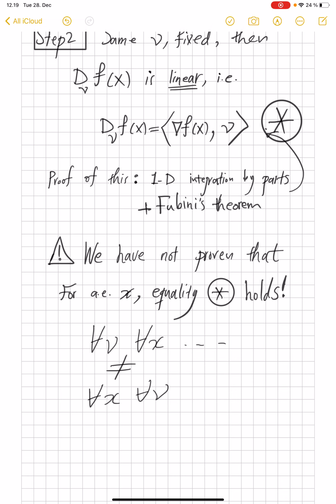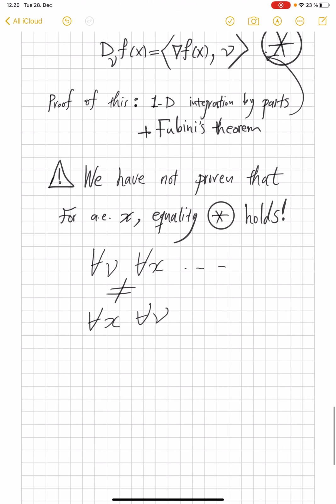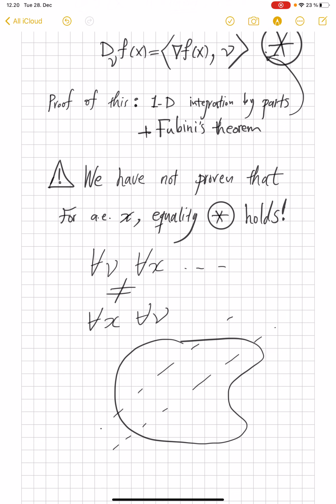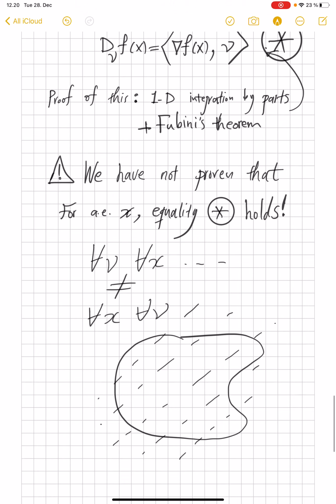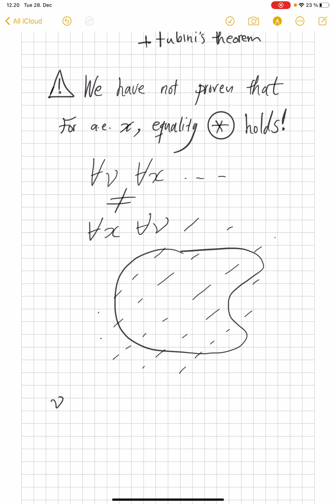That doesn't mean for every x that it holds for every v. The problem is that you have one v and you have to remove a null set so that these facts hold almost everywhere.